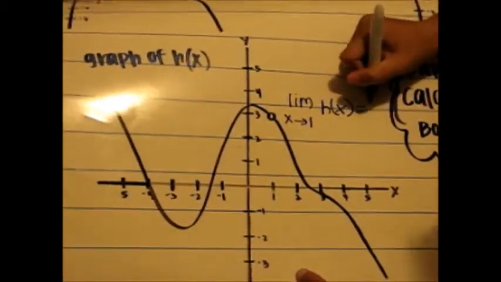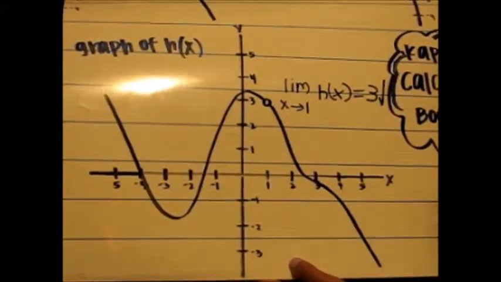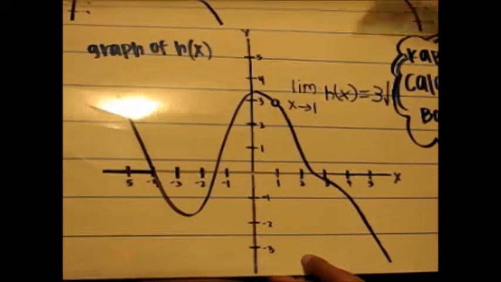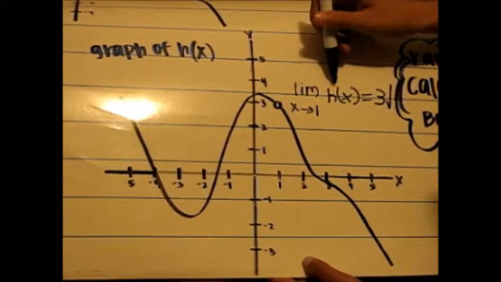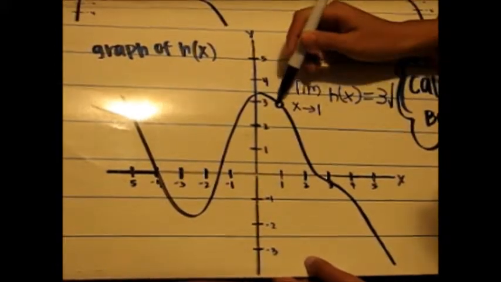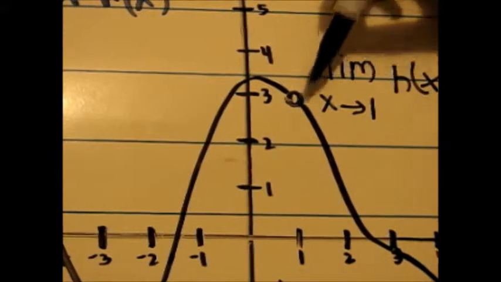If you guys said 3, that is correct. The limit as x approaches 1 for the function h of x is 3, as you can see right here, from both the left side and the right side.